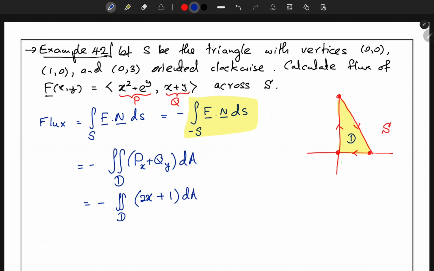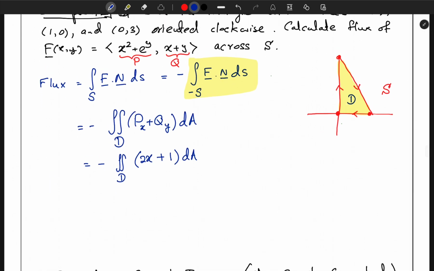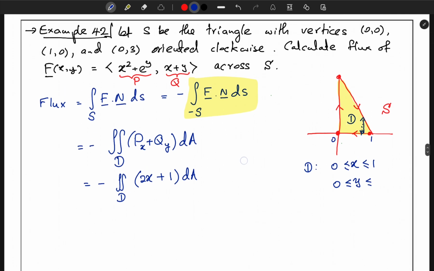Now to do the double integral, we need to define the region D using variables x and y. D is the triangle, so it's a choice to pick which will be your independent variable. So let's go with x. x is between 0 and 1. Then for a given x value, y goes from the bottom, 0, to the top curve, and we need to figure out its equation.